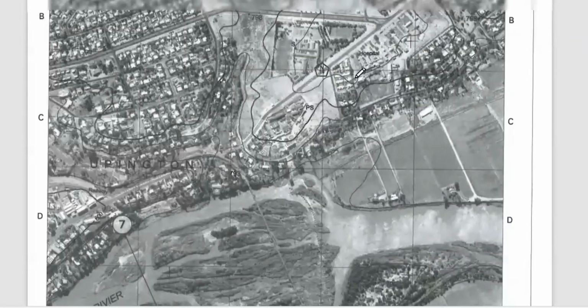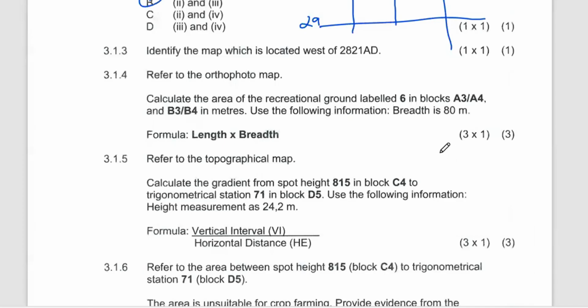We go back to our question paper. Your formula is length times breadth. You get your length in centimeters, your measurement, and you multiply by the map scale, which is 10,000. If you want to convert directly to meters, you multiply by 100.